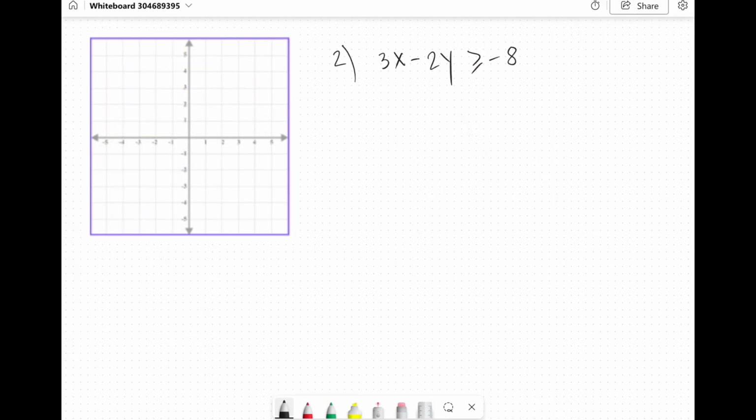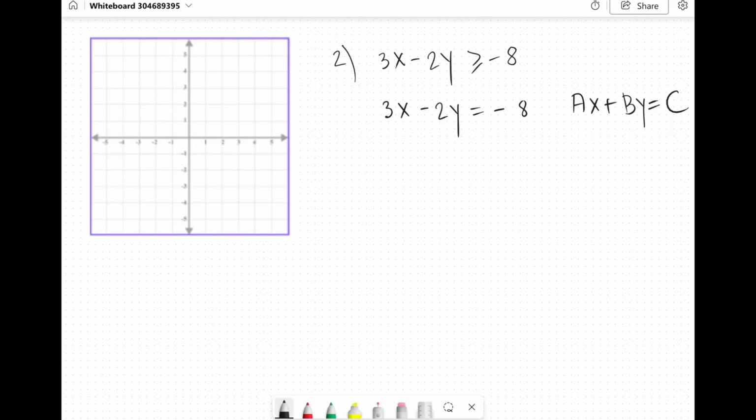Here is another example. You have an inequality 3x minus 2y is greater than or equal to -8. Remember, the first step is to make it into an equation, which creates the standard form of the line, ax plus by equals c, and we have a couple of options to graph it.